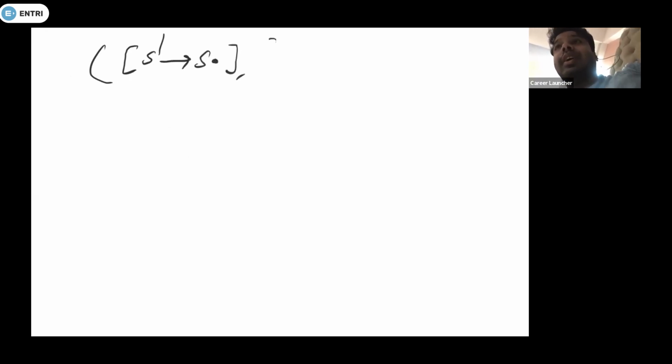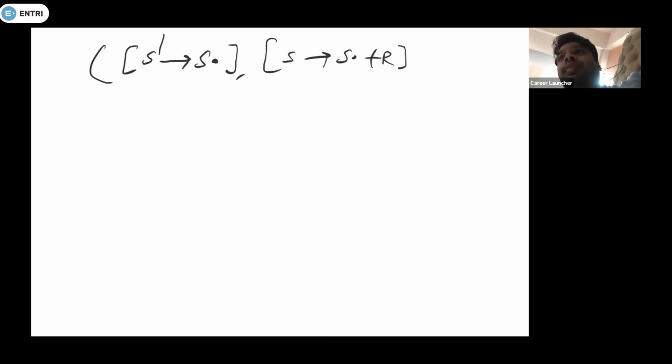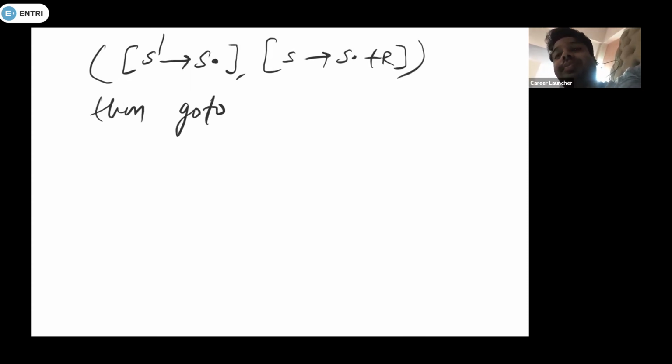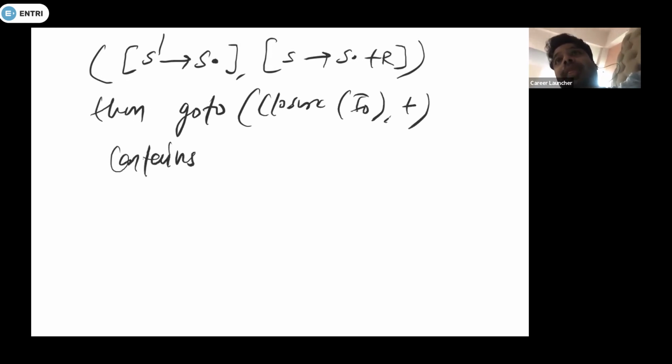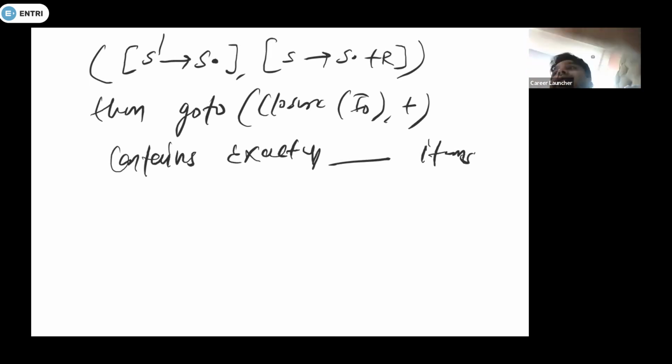This one: S' to dot S, and S to S dot plus R. Then goto closure I0 plus contains exactly how many items? Okay, so let's see this one.